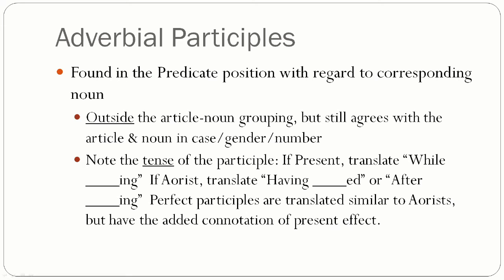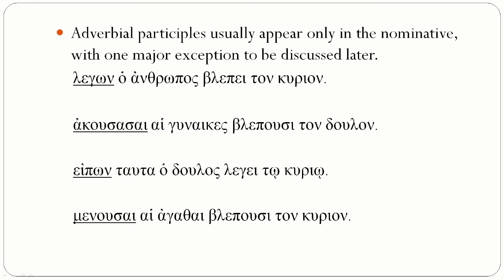If you see one of those, just take note in your head. Perfect tense means that something has happened, something is completed, but it has that idea of the present effect still continuing. On this slide, I've taken note that the adverbial participles usually appear only in the nominative. There is one major exception to this, but I will discuss that later after looking at these sentences with you.